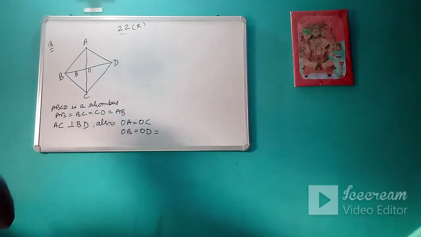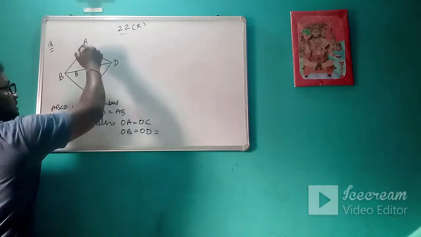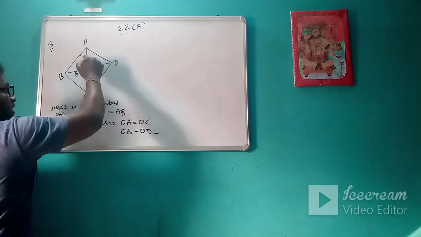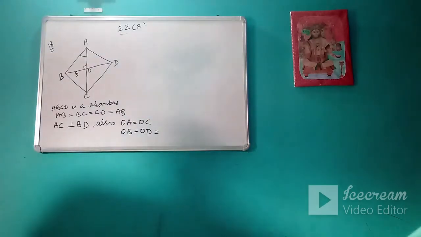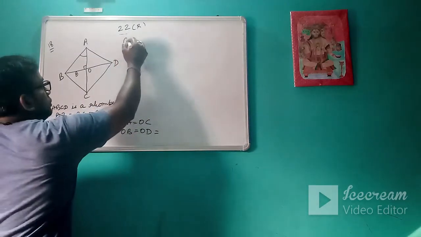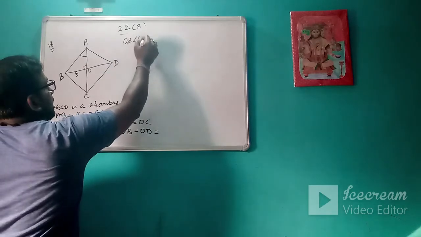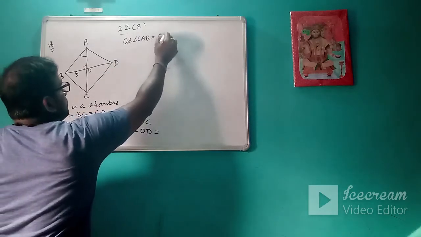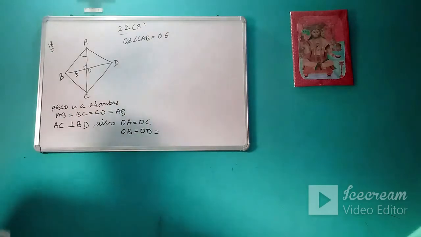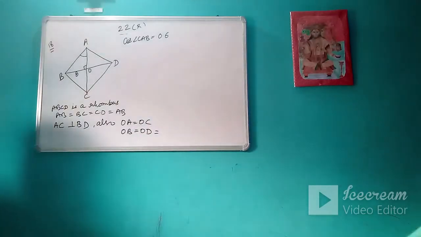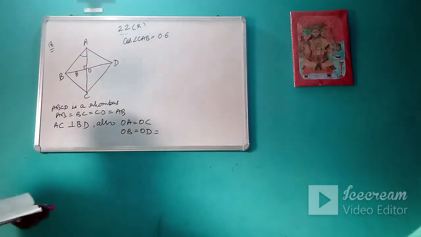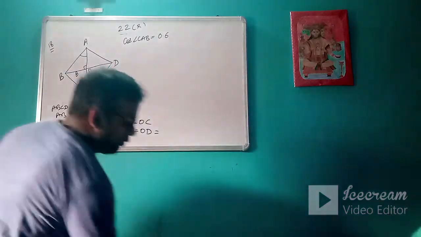And cosine of angle CAB, where this angle is 90 degrees, is equal to 0.6. This is given. With the help of this, we have to calculate the length of the side and diagonals of the rhombus.